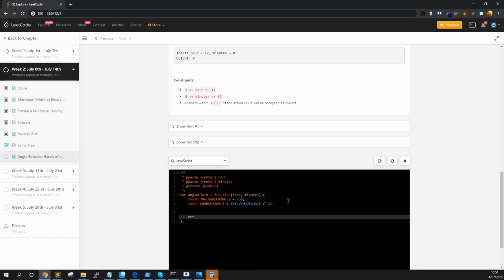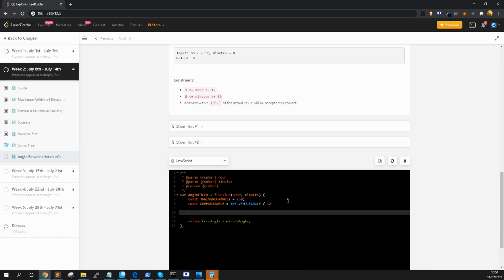I'm going to return variables that I'm going to call hour angle minus minutes angle, divided by, and I'm going to return that. So now what I need to do is calculate those two values.